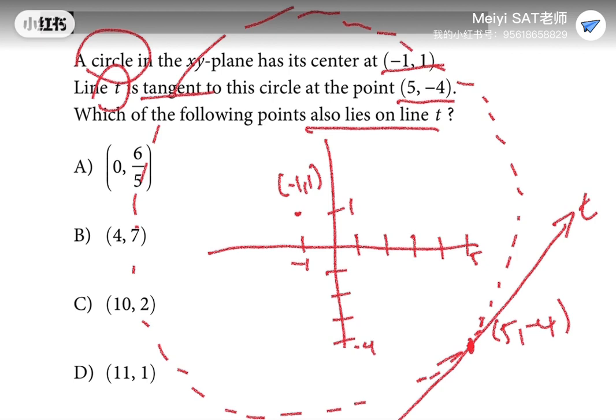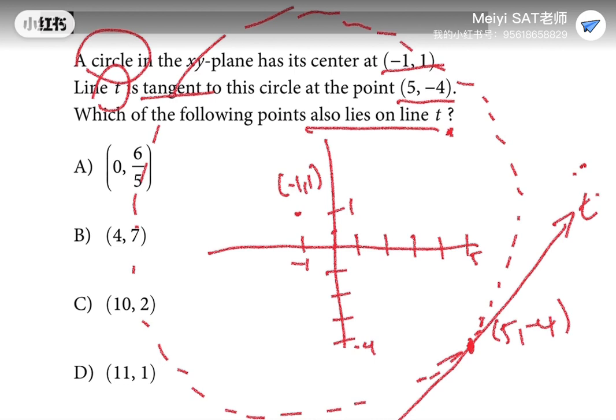Now to do this problem, you can guess and check. B is 4, 7, which probably wouldn't work, because 4, 7 would be somewhere over here. 0, 6 fifths would be somewhere there, so that's probably not quite right. 10, 2 looks like it could be on the line, or it could also be 11, 1.